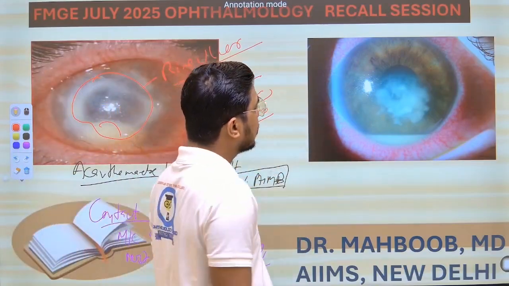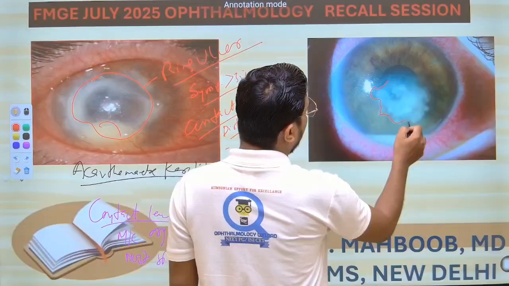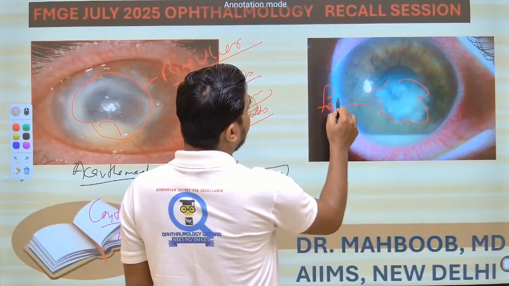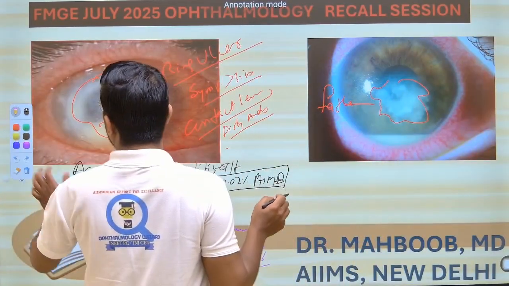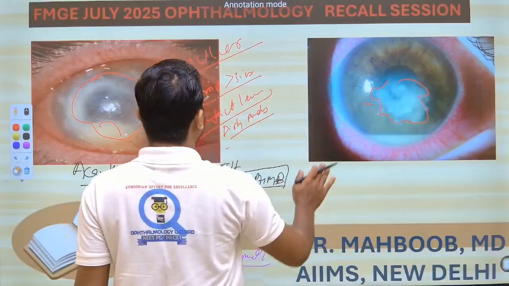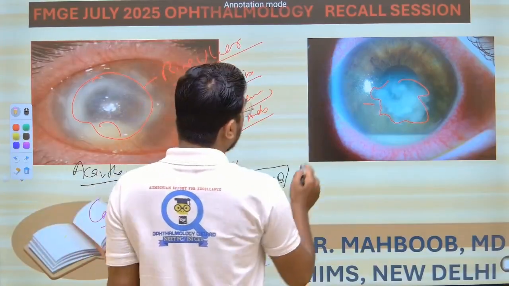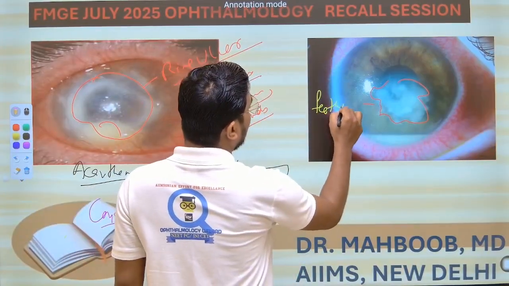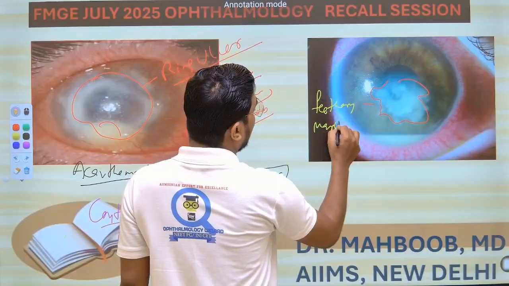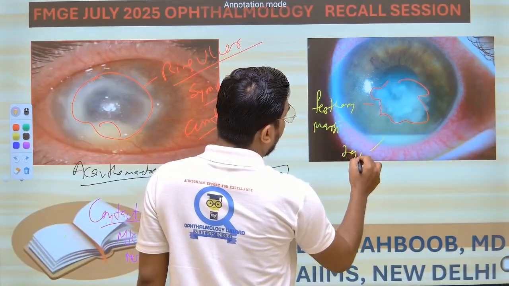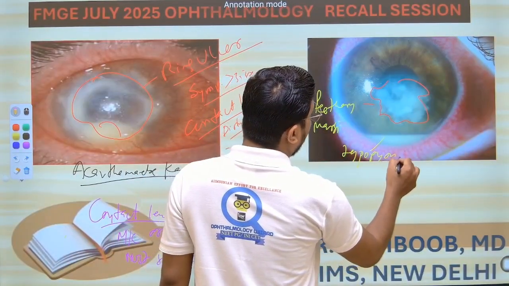Now what is this? You can see the feathery margin here. So this is the feathery margin, okay. So this is called hypopyon.